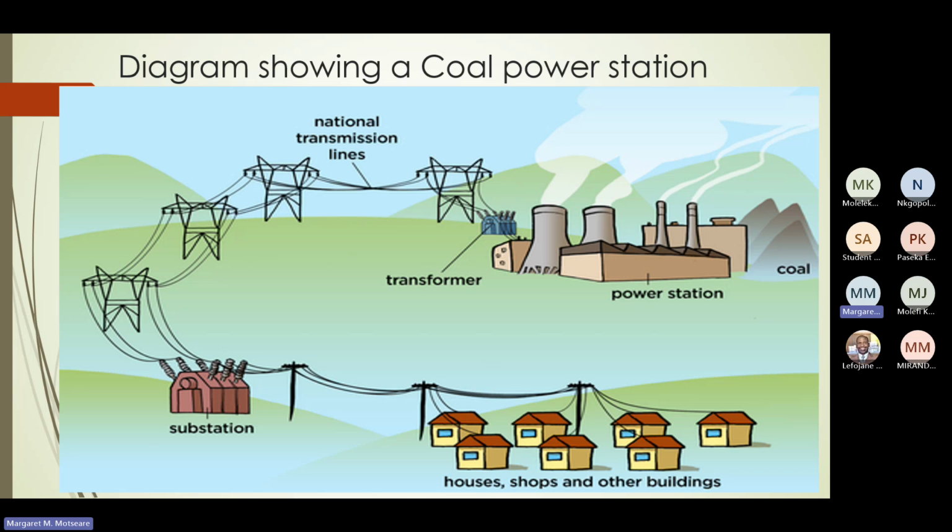Here at the substations, we have what we call a step-down transformer. It means that the electricity that comes from the power station is now decreased to a lower voltage so that it can be sent into our houses, the shops, and other buildings, as you can see in that picture.